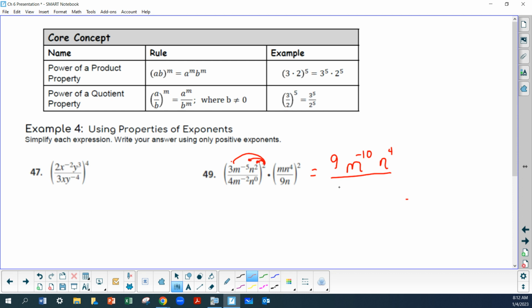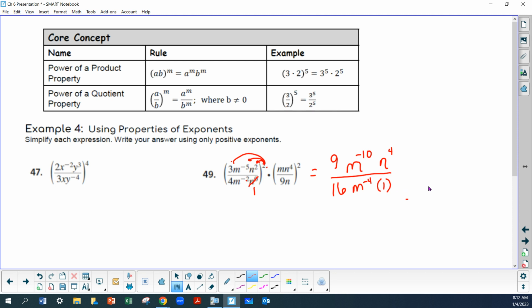Okay, down to the bottom, distribute. 4 squared, 16. M, square that, or 2 times the negative 2 will give us negative 4. Ooh, this is a 1, isn't it? N to the 0. And 1 squared is still just 1. Don't really need to write it, but I'm going to just for this one.